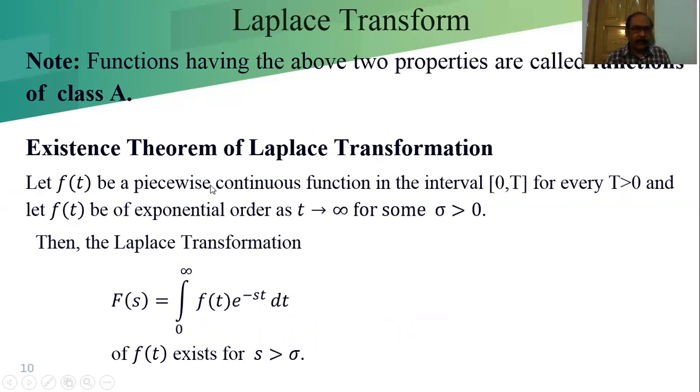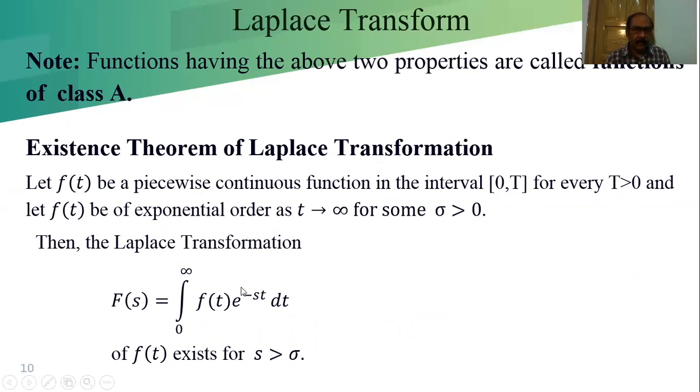Let f(t) be a piecewise continuous function in the interval 0 to T, where T is greater than 0, and f(t) be of exponential order as t tends to infinity for some sigma greater than 0.